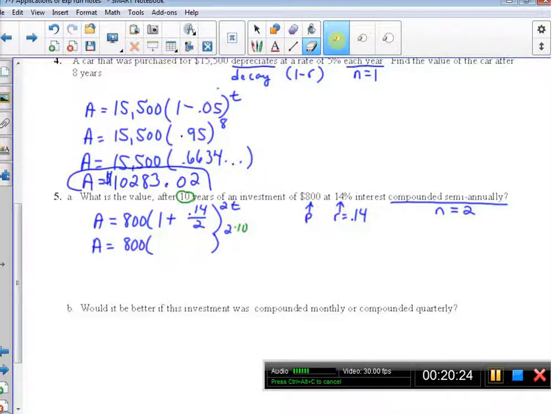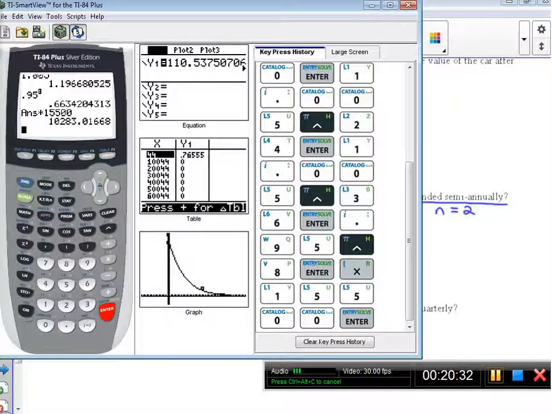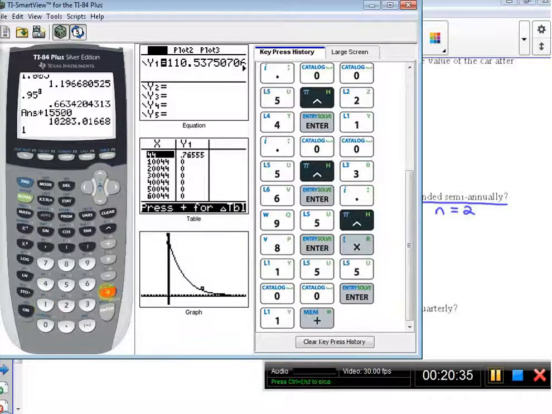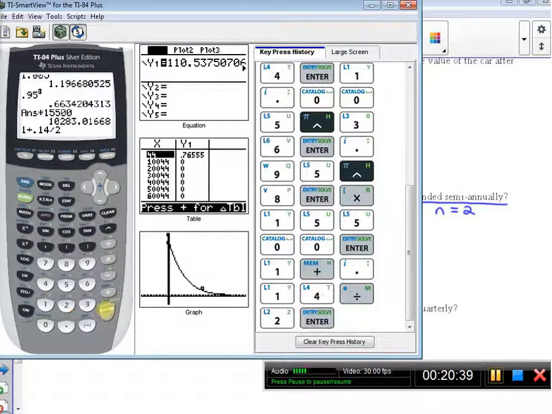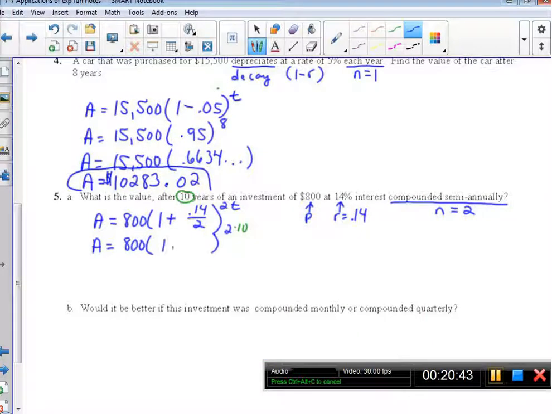I originally had the problem as compounded monthly and changed it. So I've got to go back in and fix that. So 1 plus 0.14 divided by 2. So we get 1.07 to the 20th.